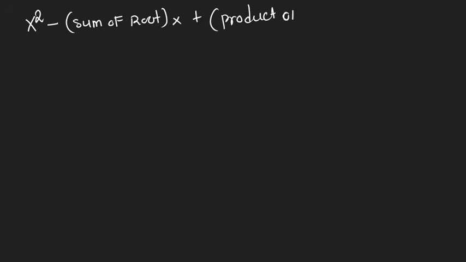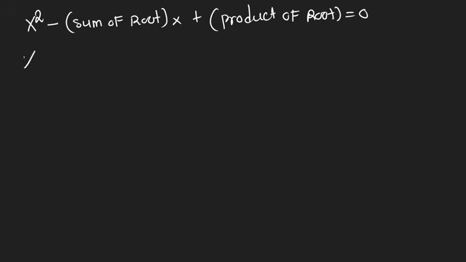So we can formulate the equation. What is the equation? X power 2 minus, you always put the sum of roots, x plus, then you always put the product of roots, equal to 0.